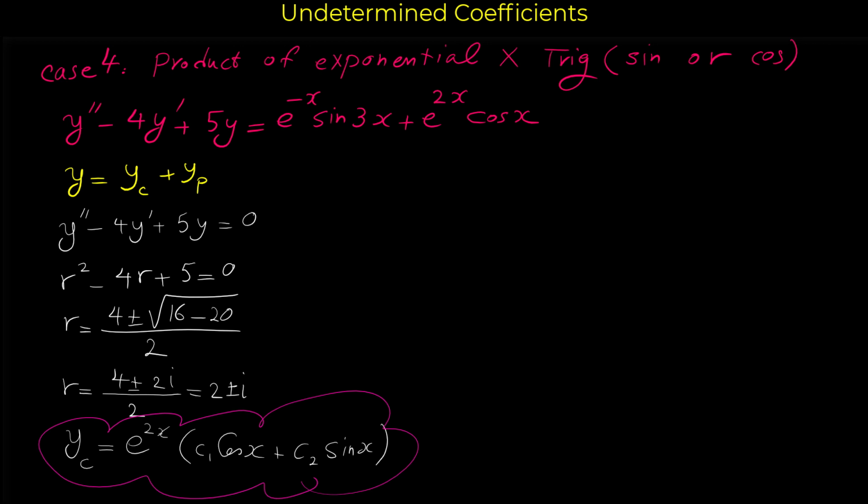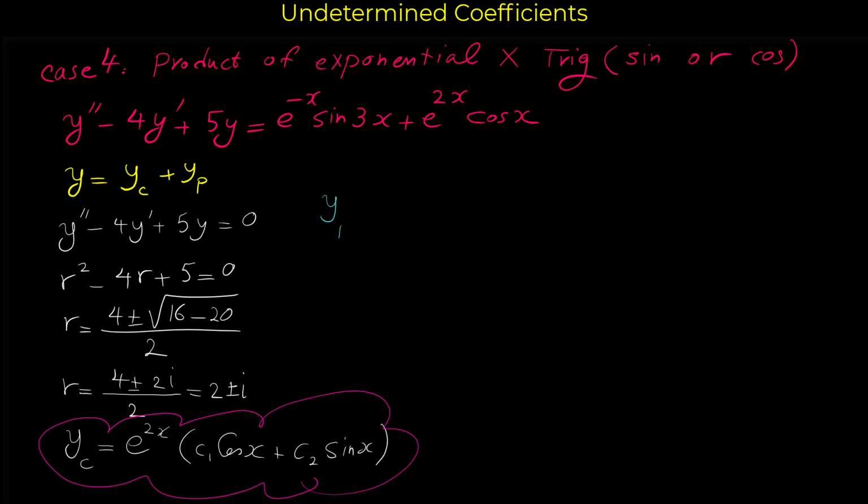Now we can write the form of the particular solution. y particular, similar to the previous example, is two-part, because we have this function and this function. These are two different functions.